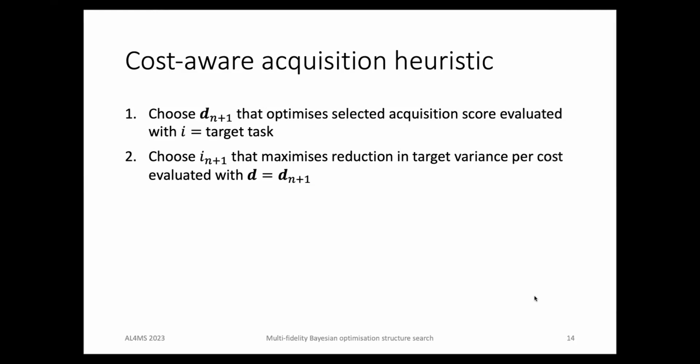And then we fix the rotations, and we look at the posterior predictive distribution over tasks, and check how much observing each task would reduce the target variance. And then we compare the tasks based on variance reduction divided by cost. So we try to choose the task that would maximize the target variance reduction to cost ratio.